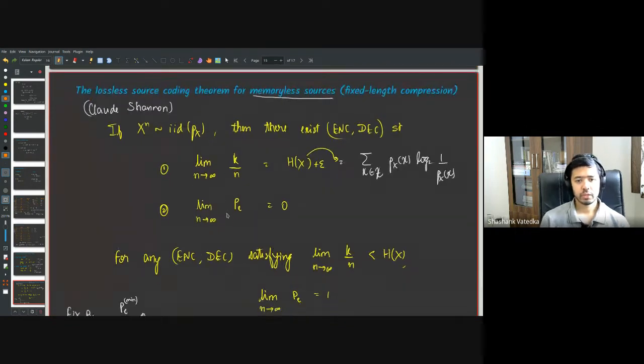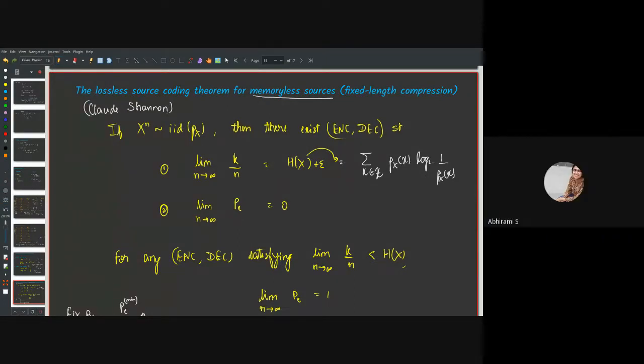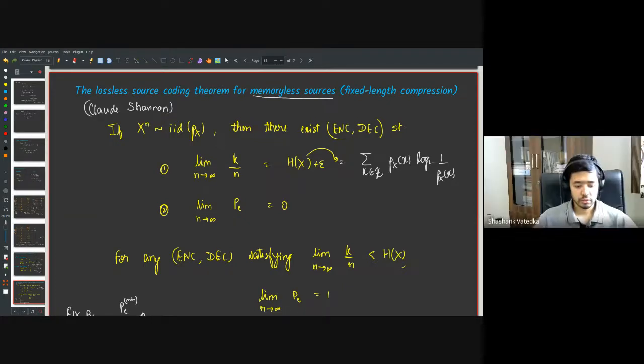All right. So this, of course, holds for memoryless sources. Sir, here you said it can't be below the entropy. The asymptotic rate can't be below the entropy, no, sir. So that H of X plus that epsilon means like, can you take an example, sir?